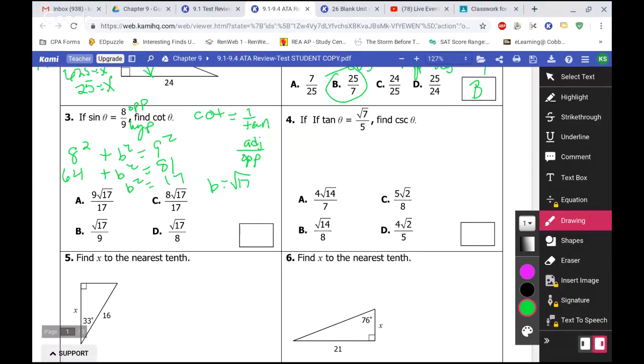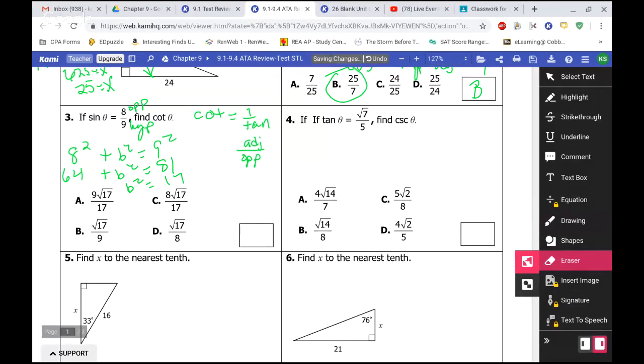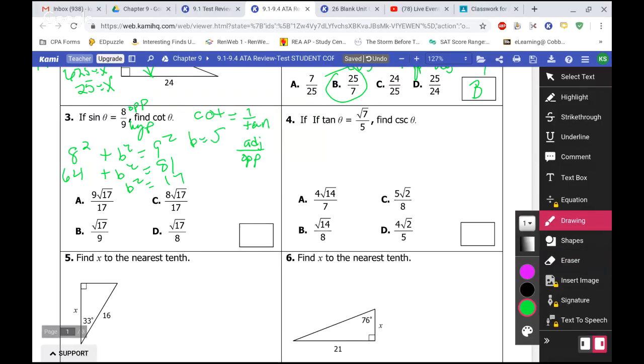Here, let me erase this. It helps to draw the triangle. Nice triangle.